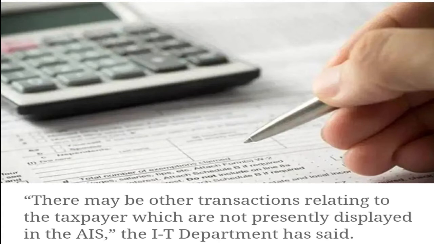On October 26, the Central Board of Direct Taxes issued an order under Section 285BB of the Income Tax Act to expand the scope of reportable transactions under Form 26AS.